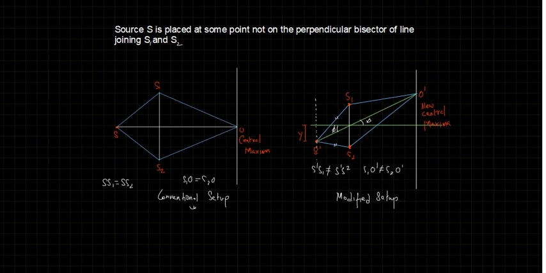The only difference is that it will get shifted by this angle phi. Got it? So if you modify the setup, there is not much difference in the interference pattern of Young's double slit experiment, or the interference pattern of two sources S1 and S2 in YDSE.